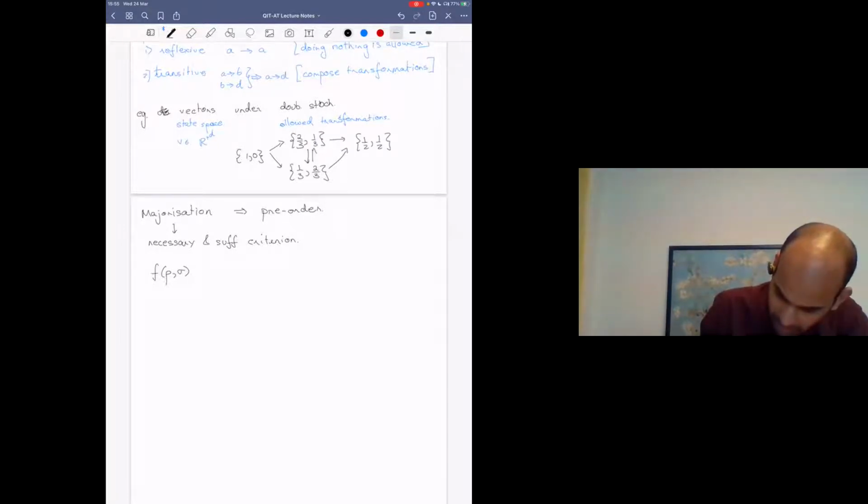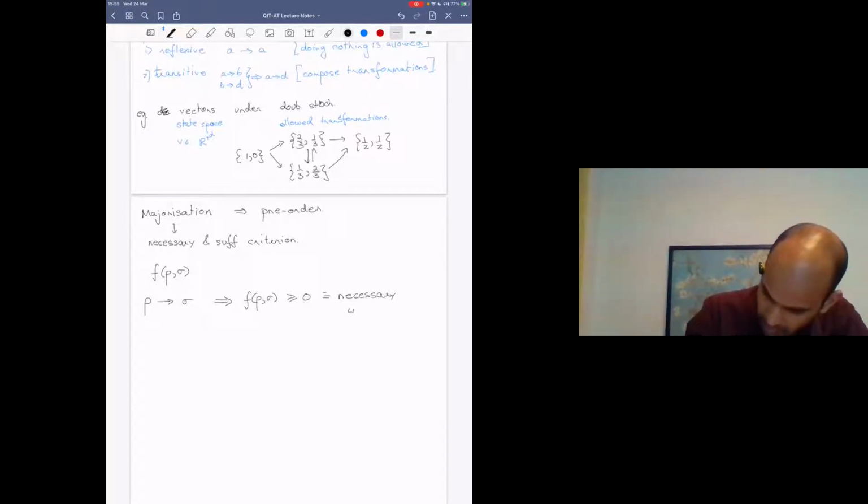So if it is the case that rho going to sigma implies that f of rho comma sigma is greater or equal to 0, this defines a necessary criterion.